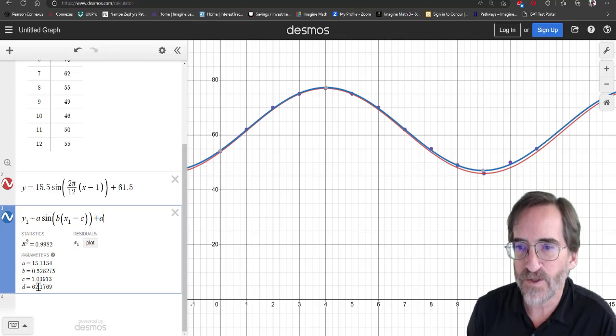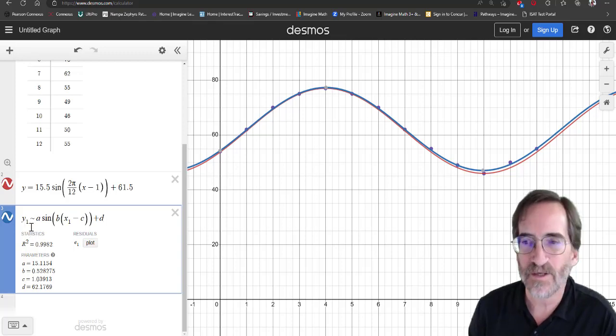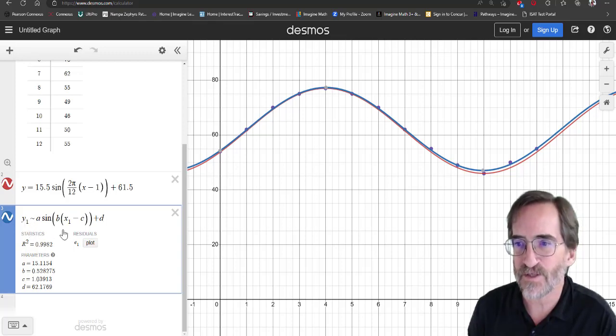And the vertical shift is 62.1, not 61.5, so it's vertically shifted a little bit more. Which is kind of interesting. Now, you don't need to know this, but it's nice to know that it uses the least squares regression method for fitting the curve. So, really kind of cool.